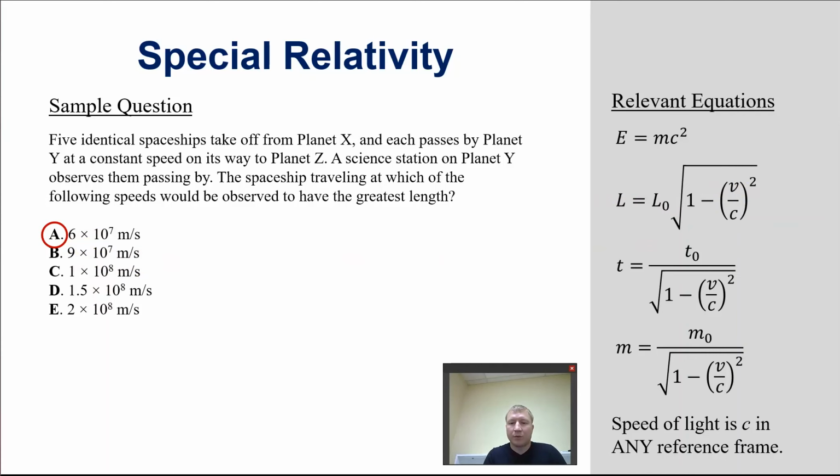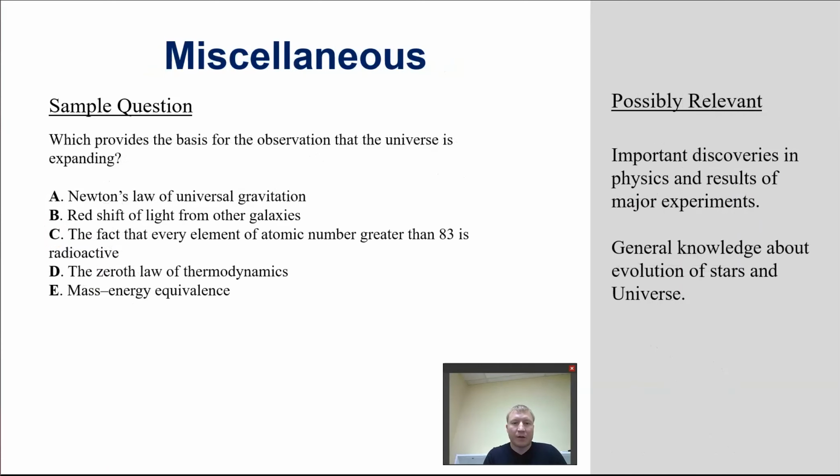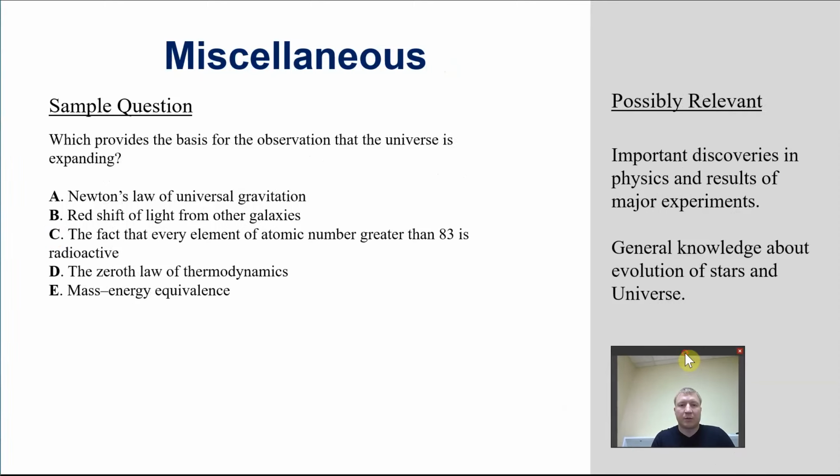Okay, so we're almost there. We just want to talk about miscellaneous questions. It means it could be any general knowledge about the evolution of stars, the universe, important discoveries in physics, results of major experiments, or any general analytical skills.